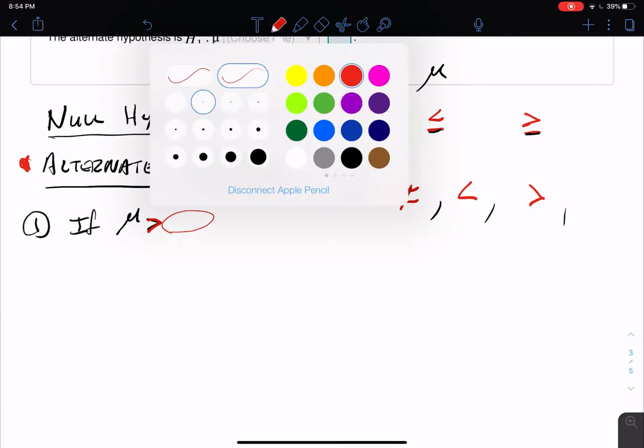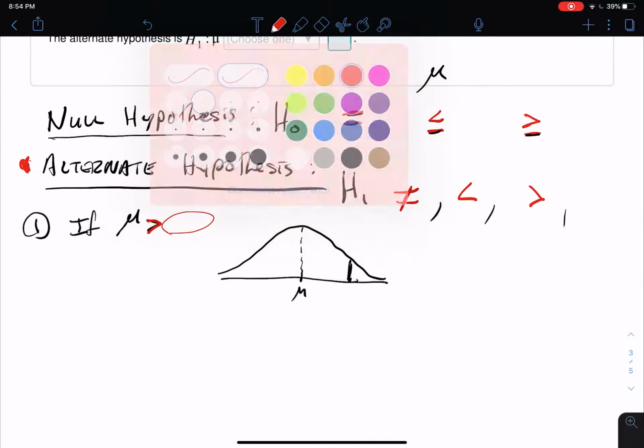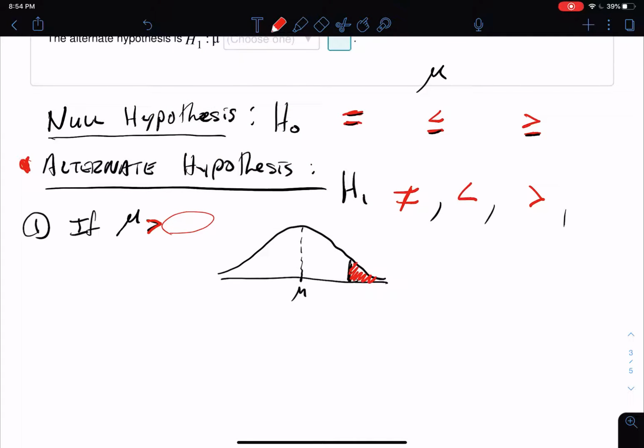What does our picture look like here? It looks something like this. We've got the mu there. What's greater than mu? Well, that's to the right, isn't it? And since it's to the right, whenever the alternate hypothesis shows a greater than symbol like this, we know this is going to be called a right-tailed test.